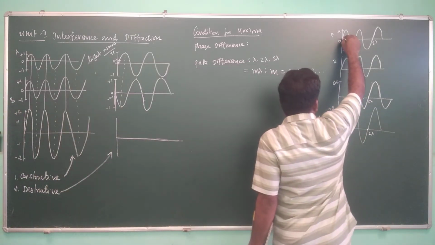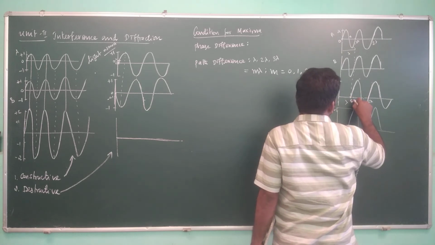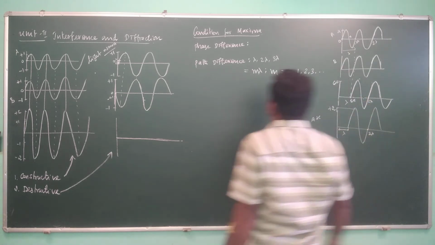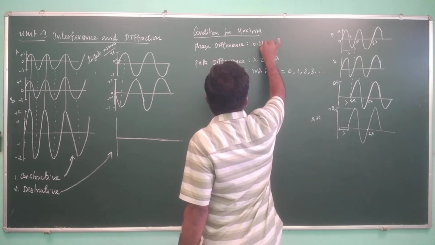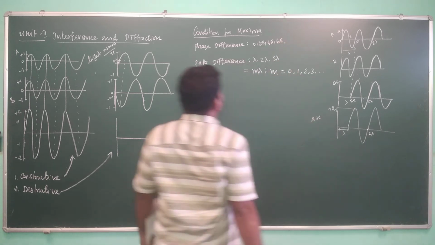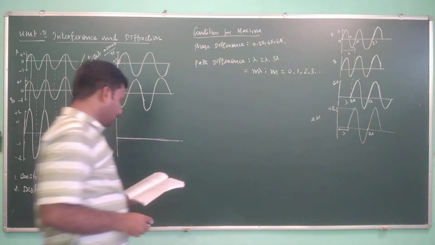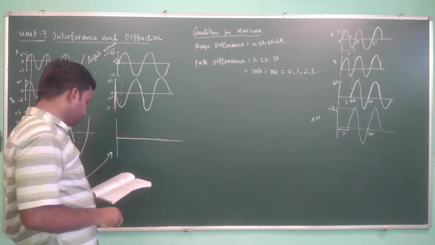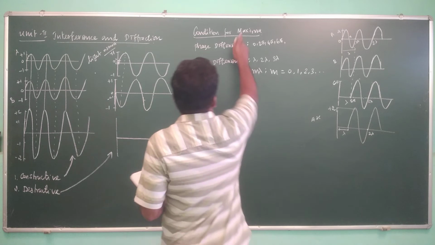Here it is starting from the phase 0, here it is starting from the phase 2 pi. So if the phase difference is 0, 2 pi, 4 pi, 6 pi, if this happens, then we can get maxima.